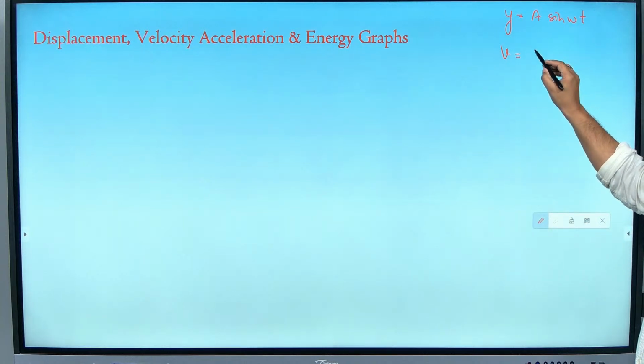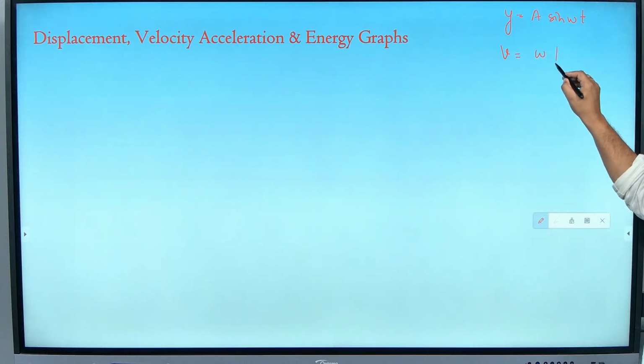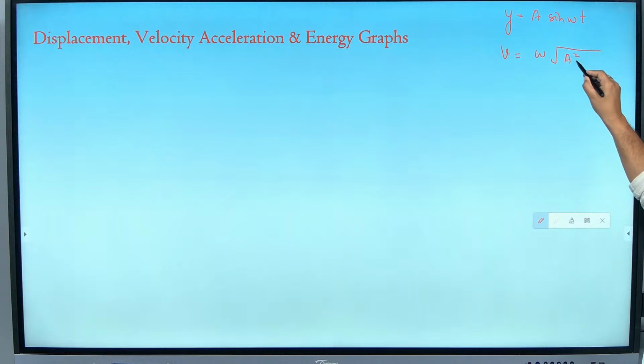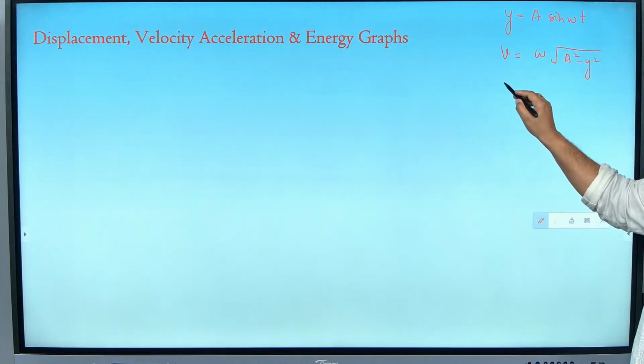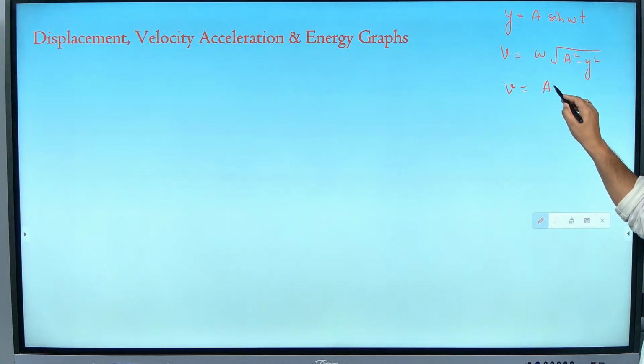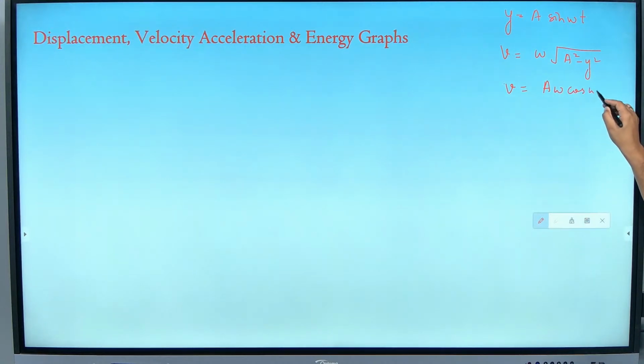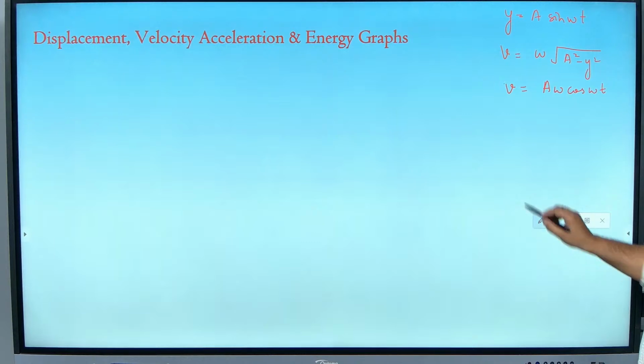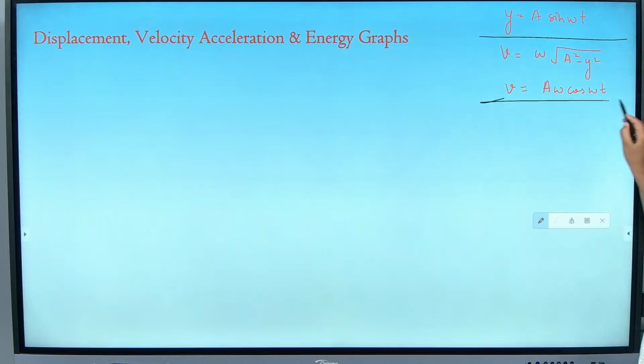Velocity is equal to omega into root over a square minus y square, or I can write velocity equal to a omega cos omega t. So this is the equation of velocity.